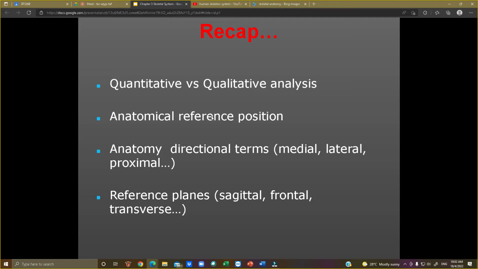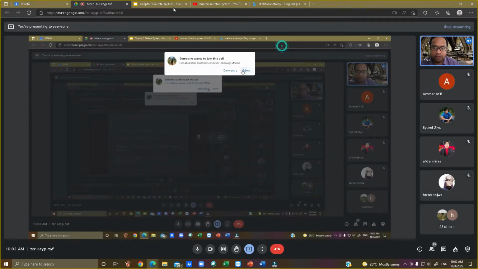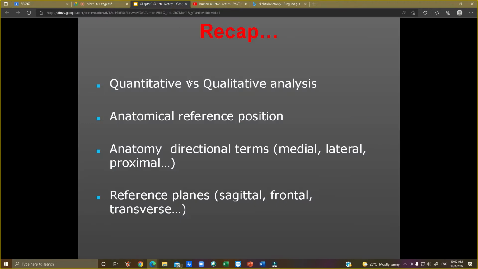The first one is the difference between quantitative versus qualitative analysis, where quantitative analysis focuses on numbers, while qualitative analysis uses only descriptions of outcome such as good, bad, whatsoever. And then we have the anatomical reference position, which is standing up, facing forward, with your palms also facing forward.